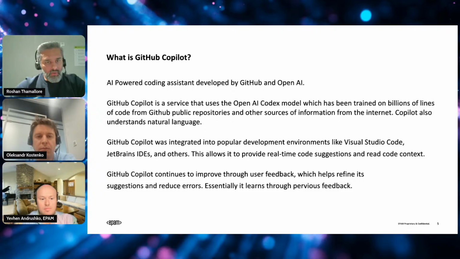An important point to note about GitHub Copilot is that it relies on feedback from the user. The moment GitHub Copilot provides you with some suggested code, it is up to the user to review and then suggest improvements, based on which Copilot will take into consideration those improved suggestions and provide a new set of code and pipelines. So essentially, it is learning through feedback.